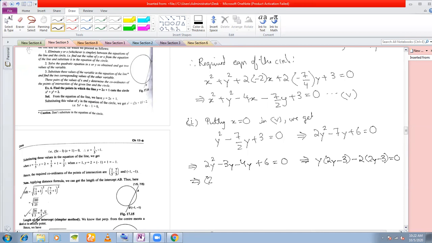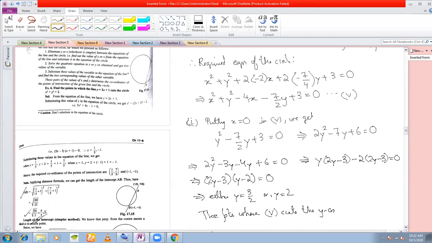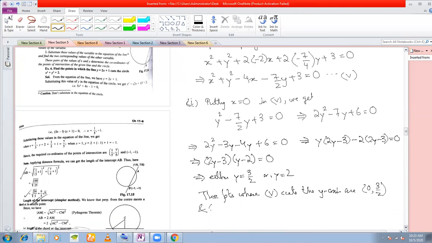That means 2y minus 3 into y minus 2 must be equal to 0. That means either y is equal to 3 by 2 or y is equal to 2. So what are the points where it cuts the y-axis? They are (0, 3 by 2) and (0, 2). These two are the points where it cuts the y-axis.